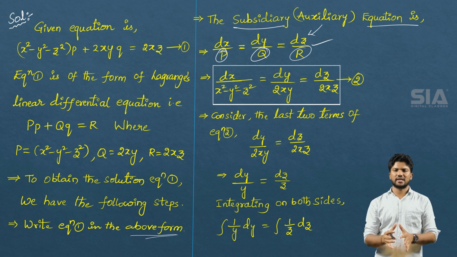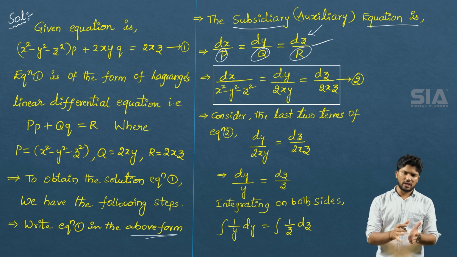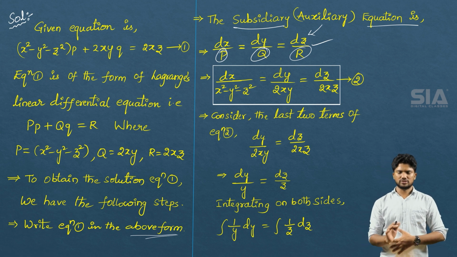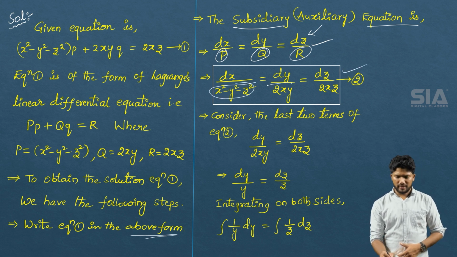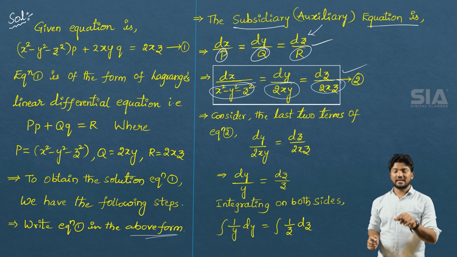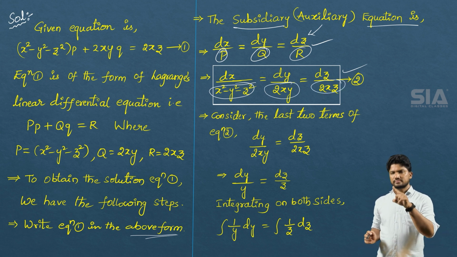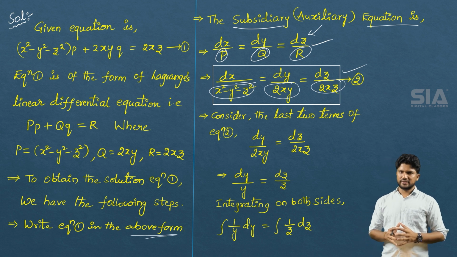You can call it subsidiary equation or auxiliary equation, both are the same. So dx by the P value, dy by the Q value, and dz by the R value.